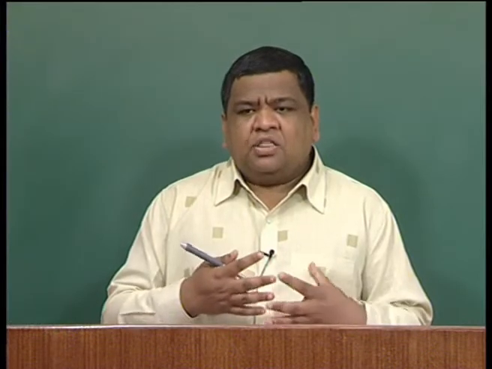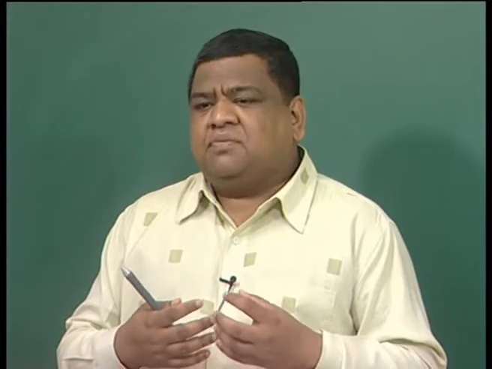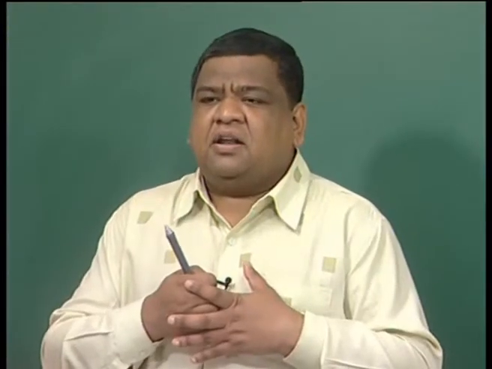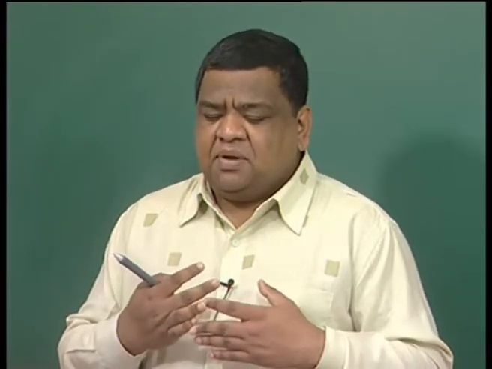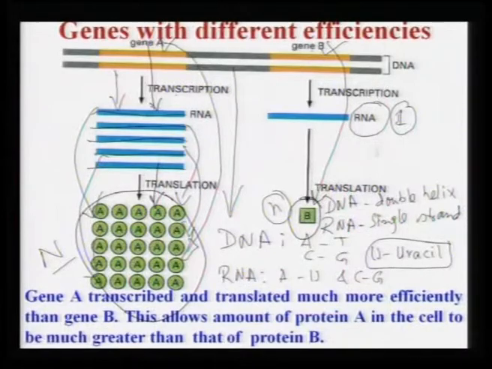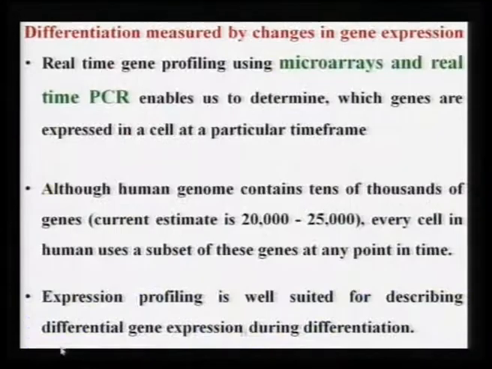Expression, in biological terminology, means that a particular molecule can be measured at a certain concentration. Suppose I say gene A has higher expression, that means gene A can be measured at a much higher concentration by a certain analytical instrument. So, real time gene profiling means monitoring when the actual differentiation process occurs.